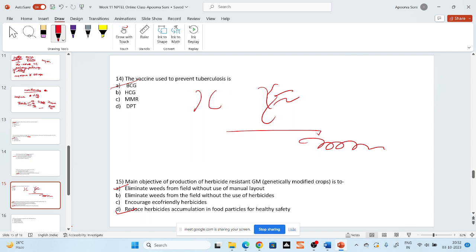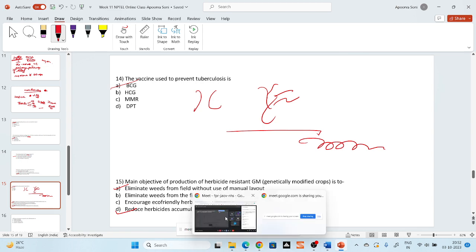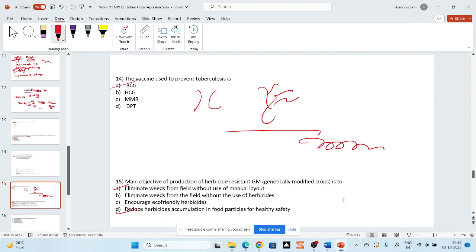And that is the whole objective of creating herbicide resistant genetically modified crops: even if it gets sprayed on the plant, because it is resistant in itself, it is not able to create that metabolic toxin that is harmful for the plants. Okay, so both can be correct.